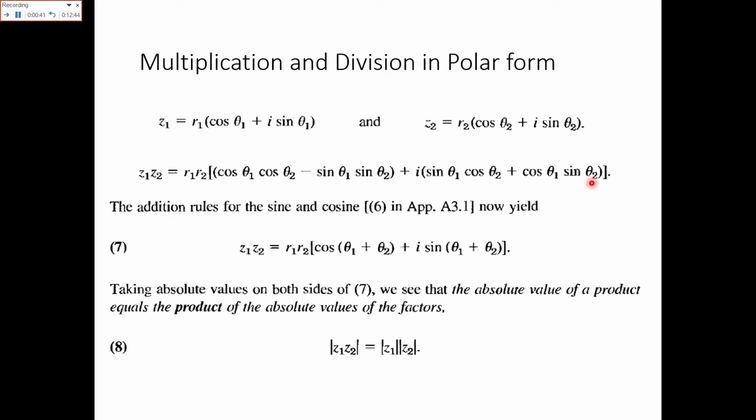So the simplest form of the multiplication of the complex numbers is r1 r2 cos of theta 1 plus theta 2 plus iota sin of theta 1 plus theta 2.